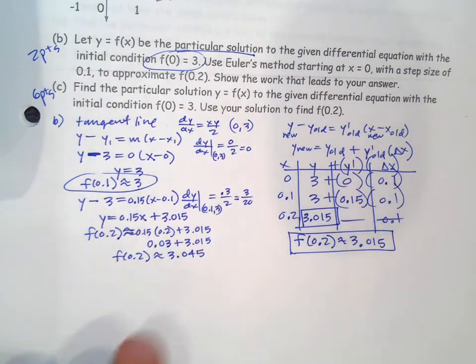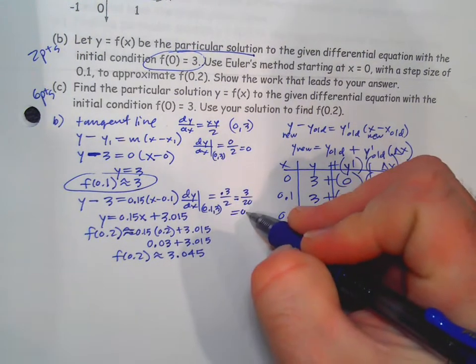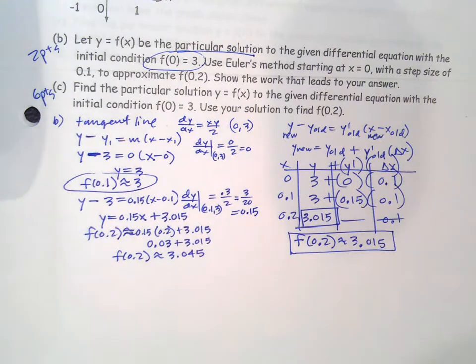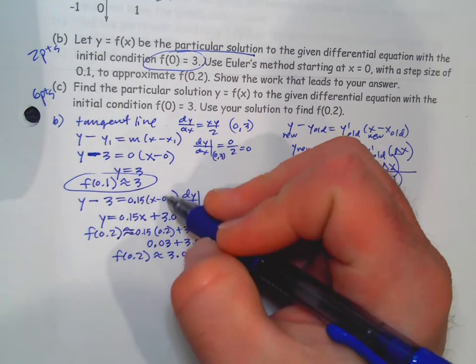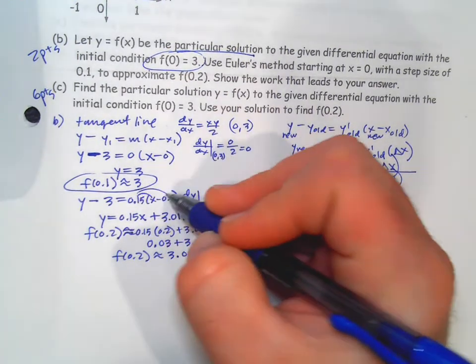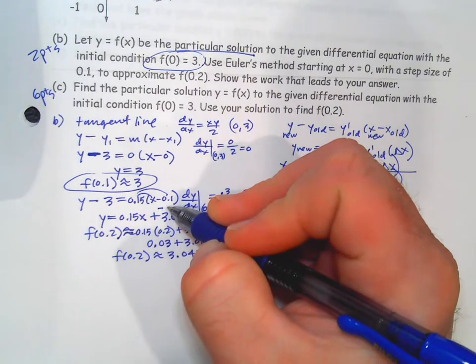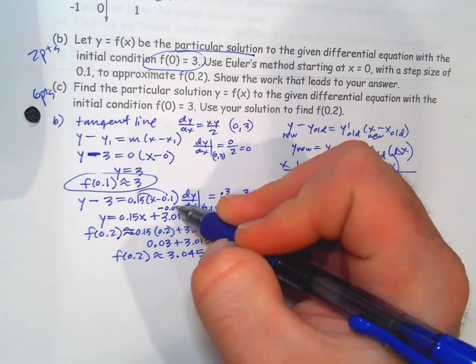And what did I do wrong over here? It's something wrong. I don't know. Oh, this is going to be minus 0.015.